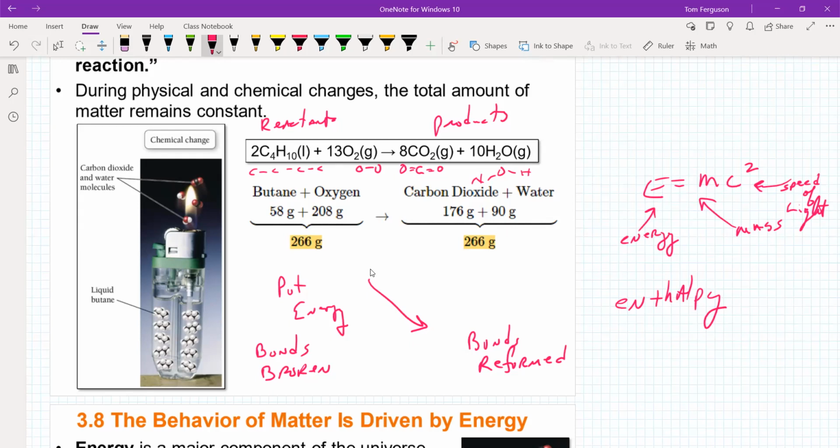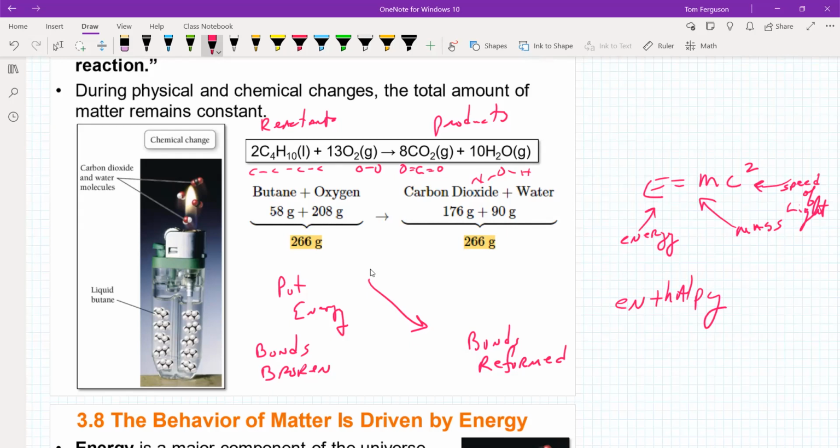So enthalpy and entropy are the 2 driving forces in the universe, okay? But for our class, it's going to be potential energy and enthalpy. The enthalpy needs to go down, energy needs to go down, potential energy needs to go down for a reaction to happen, okay?